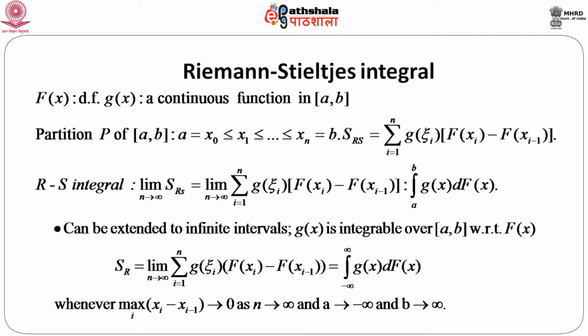So the Riemann Stieltjes sum goes toward the limit, the integral from minus infinity to infinity of g(x) dF(x). This is denoted like this whenever the maximum length of the ith sub interval goes to 0 as n goes to infinity, and naturally a goes to minus infinity and b goes to infinity. Under this condition we can easily extend the RS integral to include the infinite interval.